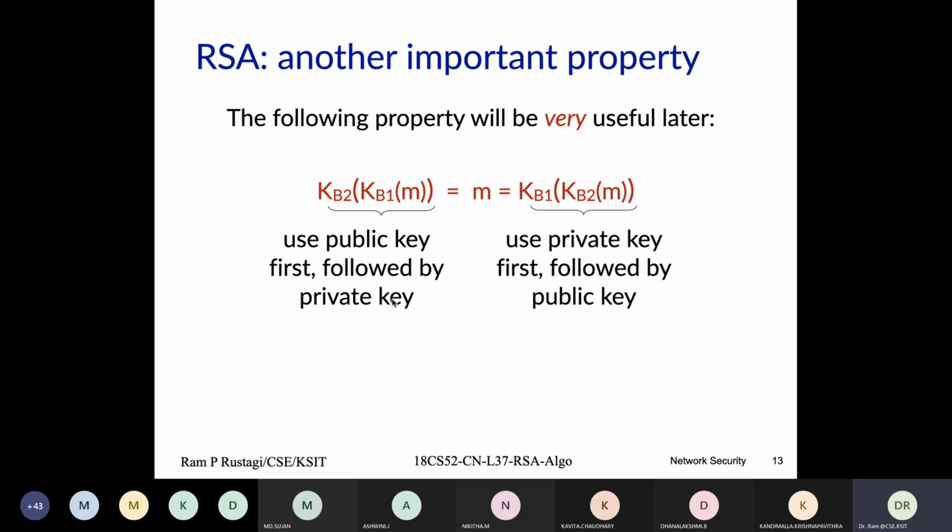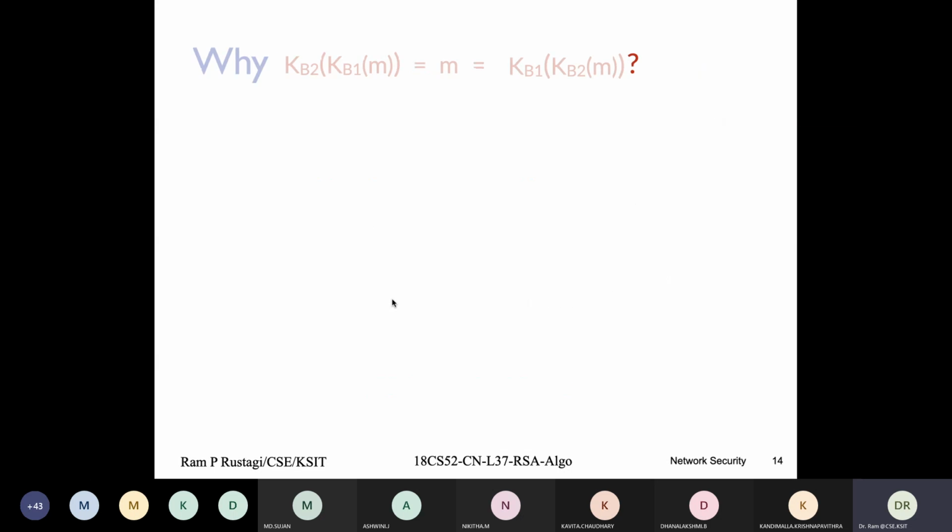If I want to send a message confidentially to the receiver, I would use the public key of the receiver to encrypt and send it, and the receiver can decrypt using the private key that's known only to the receiver. Depending on the application context, you have to decide whether to use the public key or the private key for encryption. But in either case, after both encryption and decryption, the receiver gets the original message transmitted by the sender.